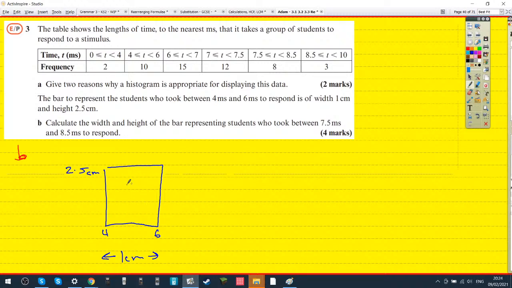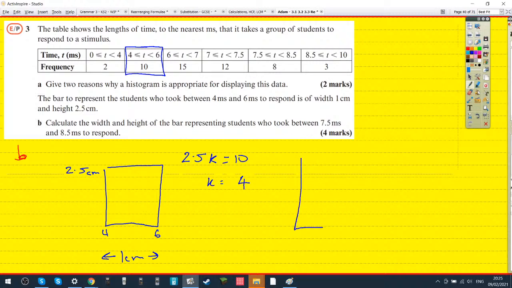So what is the actual area for this one? 1 times 2.5, which gives you 2.5. And so 2.5 times something has to give us 10. Would it be 4? So K is 4.